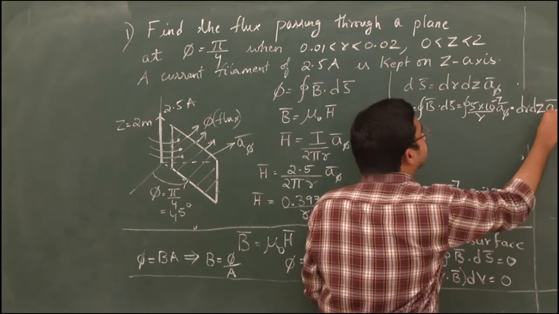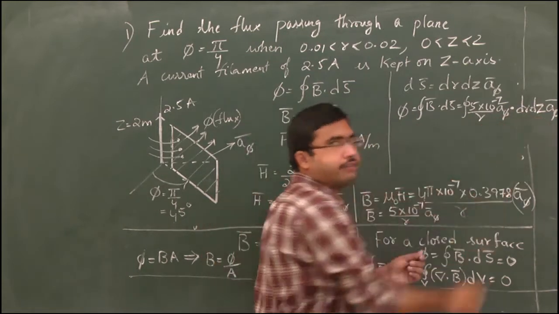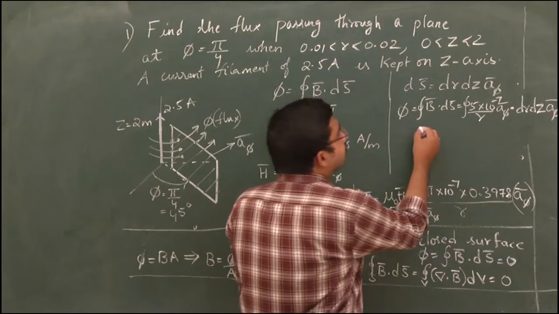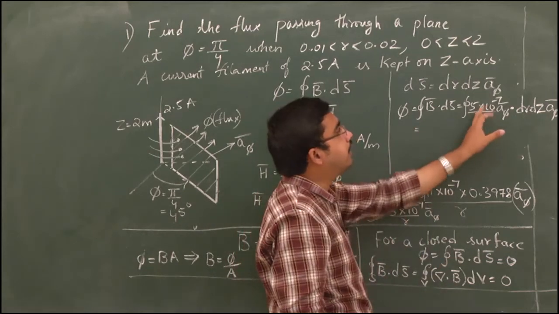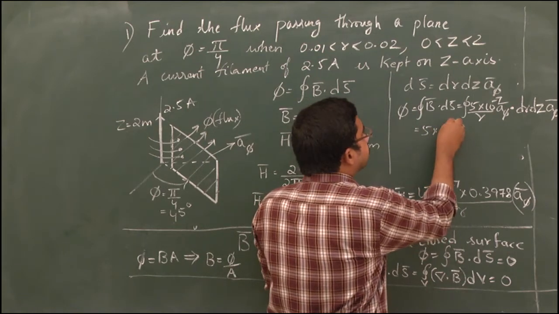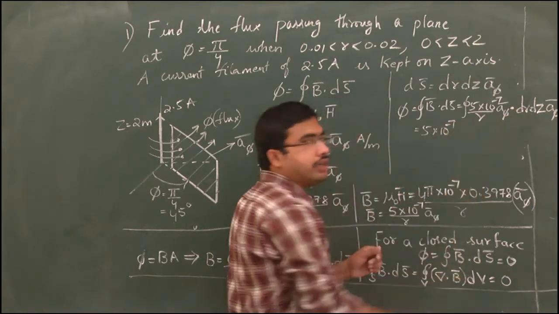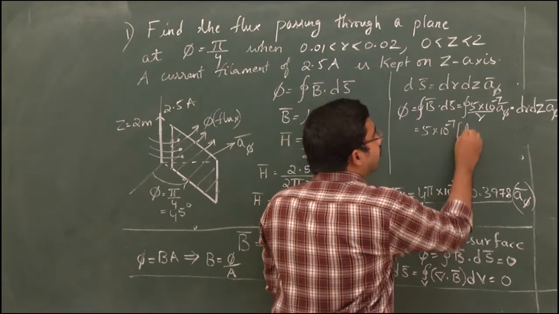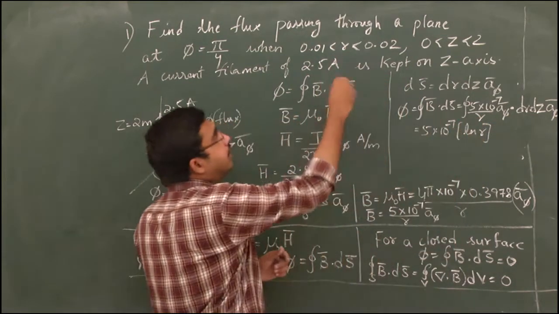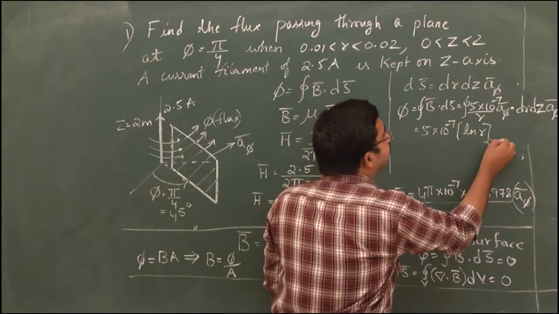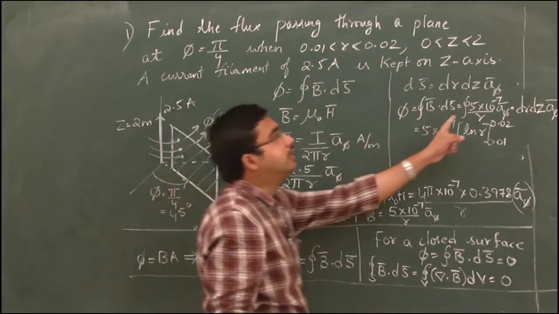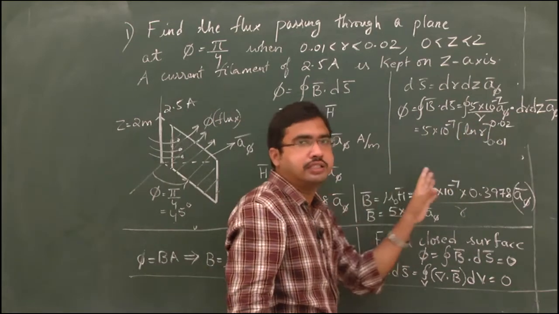A phi dot a phi is equal to 1. So you are having the integral of 1 by r dr, which is equal to log r, where r is varying from 0.01 to 0.02. And what is the integral of dz? That is simply z.